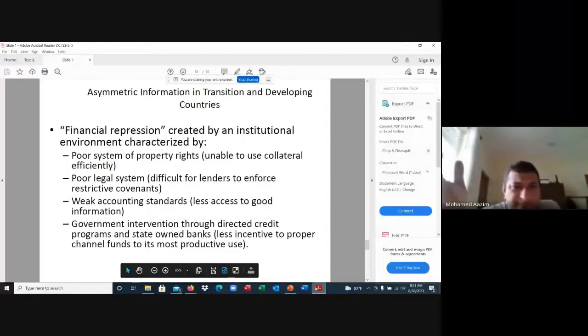What is this? You see, you don't have a much more efficient system of property rights. Because of this, you may not have collateral efficiency. So you can say, now, Johanni de Silva's song.